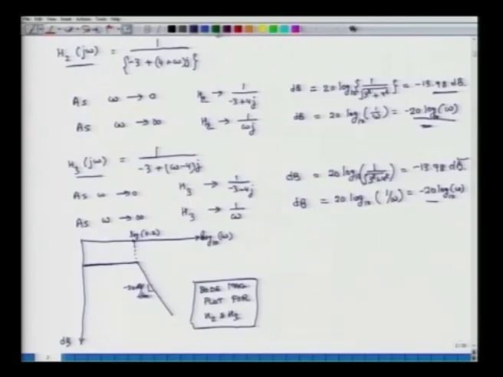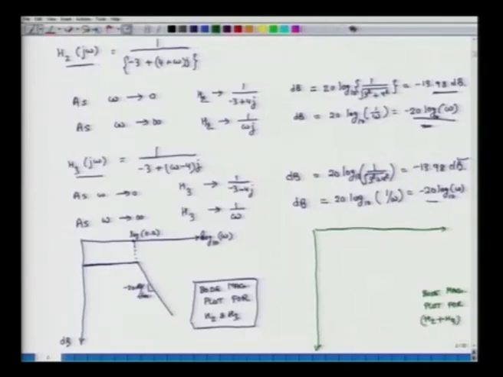Now, what I am going to do is develop a Bode magnitude plot, not for H2 and H3 separately, but rather a plot for H2 plus H3.